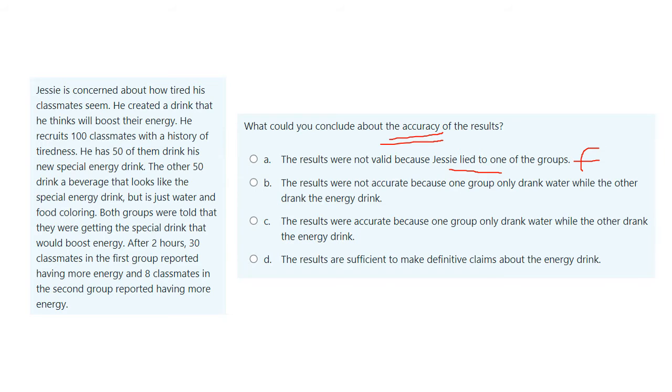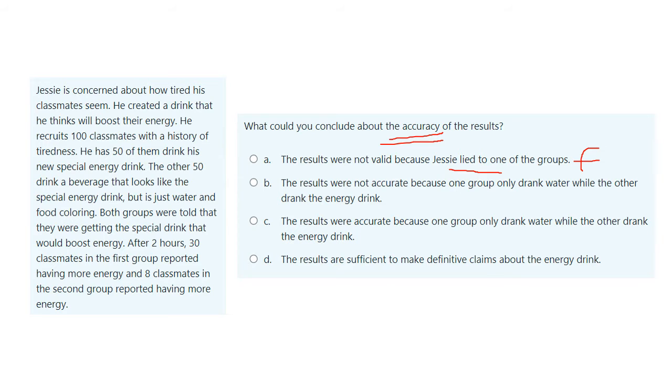So you'll have to deceive them a little bit. You might tell everybody, some of you will get it and some of you will not. That's a way to avoid lying, because then nobody knows if they get it or not. But you do not tell people that this is only water, because that might affect how they feel.